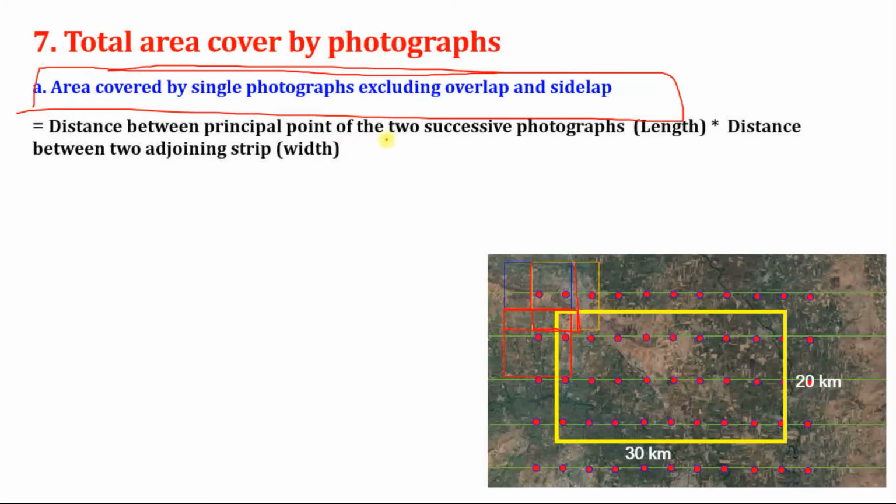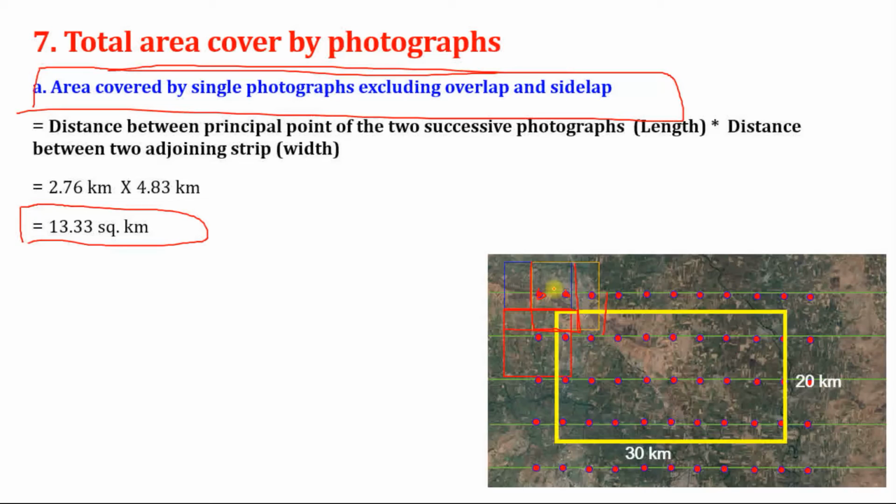Distance between principal points of 2 successive photographs is considered as length, into distance between 2 adjoining strips considered as width. 2.76 km is the distance between principal points of 2 successive photographs, and 4.83 km is the distance between 2 adjoining strips. The distance between this principal point and this principal point is 2.76 km, and distance between this strip and this strip is 4.83 km. Is equal to 13.33 square kilometer.